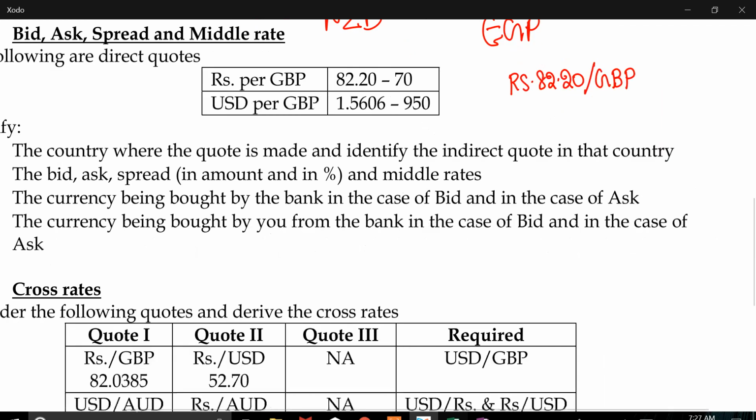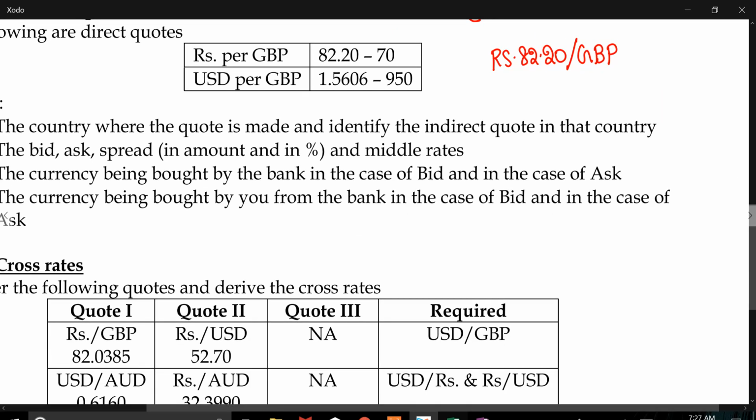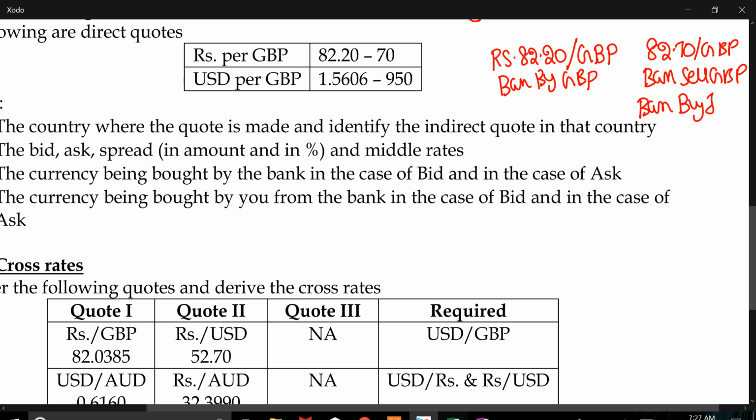So now please listen. 82.20, bank buys GBP. 82.70, bank sells GBP, which means the bank is buying INR.